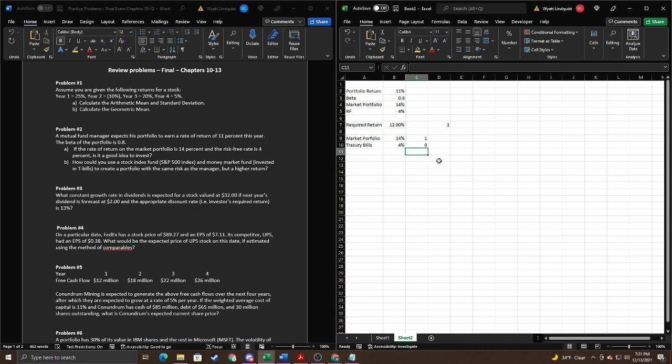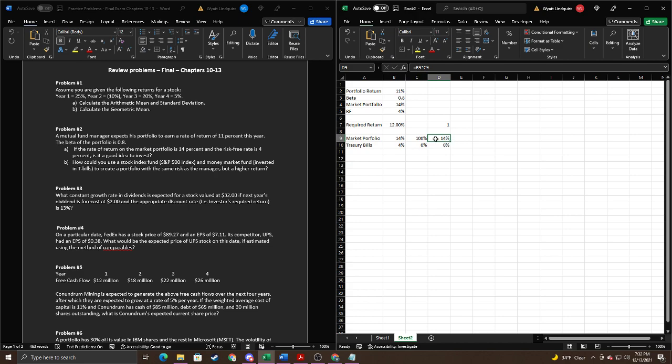So now across here, we're going to do this times this, and it equals this times this. Essentially these are weighting the two together. Let's make these percentages as well. In this case, we have 100% of our portfolio as the market portfolio.